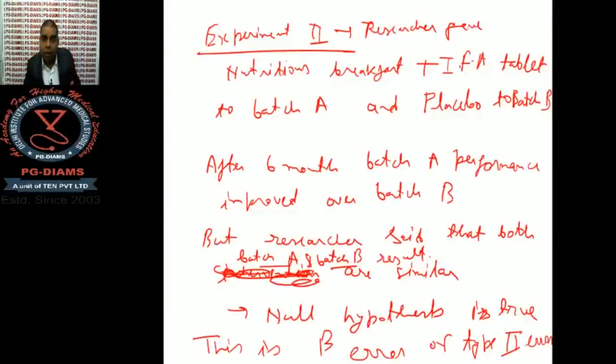It is a type of type 2 error, beta error, and in Hindi you can say it बेवकूफ, because he was getting a significant result but he rejected it. He accepted the null hypothesis. He said that my result is similar to giving placebo. This is type 2 error. Are you getting my point?